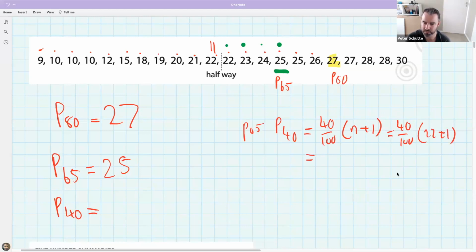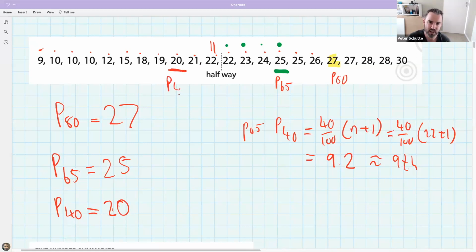Okay, so what's its position for P40? What's the decimal going to be? Okay, so 9.2. So that is going to round off to the 9th position. And the 9th position is going to be over here. And so the value of P40 is 20.